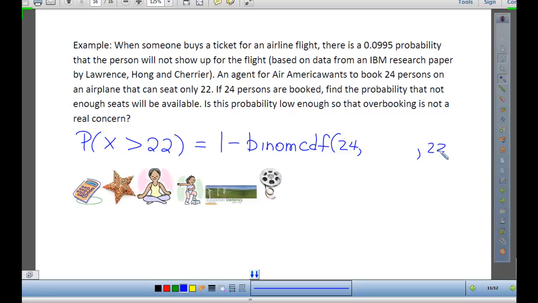This 0.995 is the probability that they what? Don't show up. But we're looking at 24 people or 22 people who do show up, so we really need to use the complement of that. What is it? 0.9005? Okay, good. Put that in your calculator and see what you get.